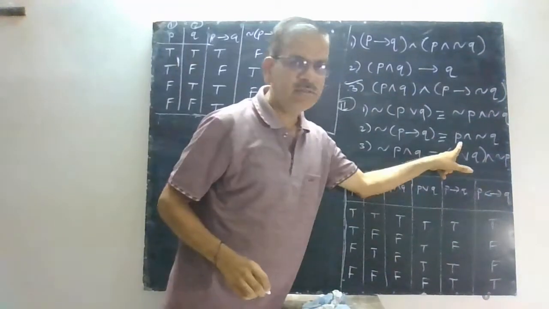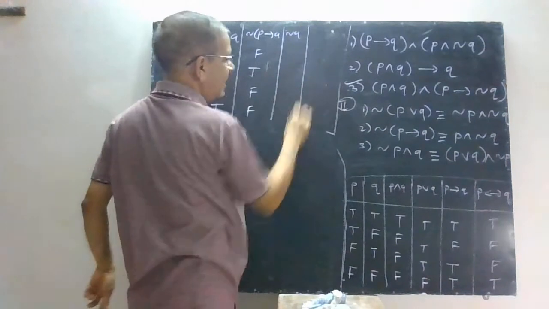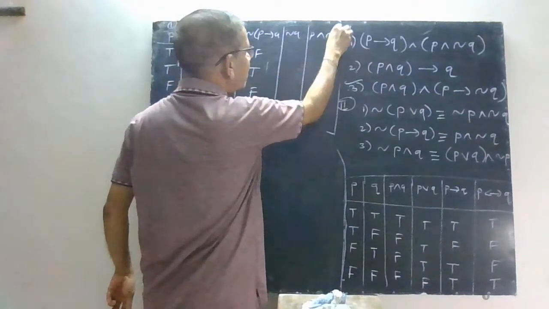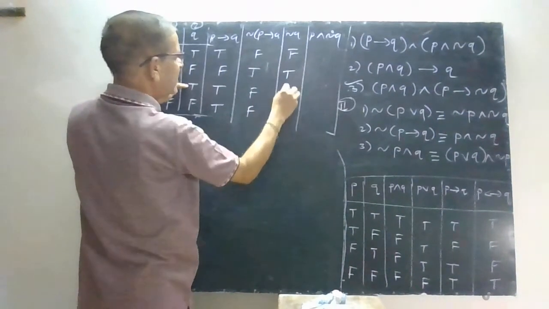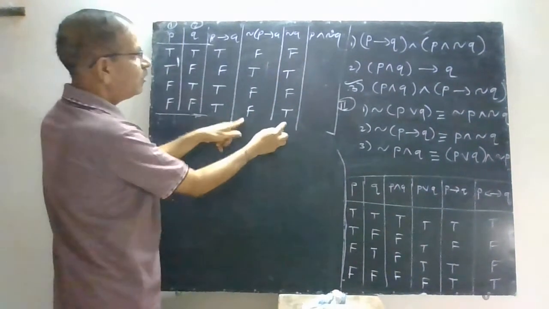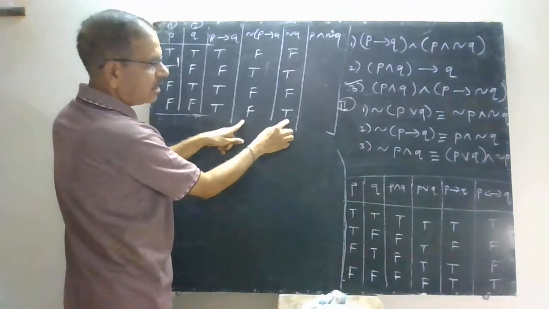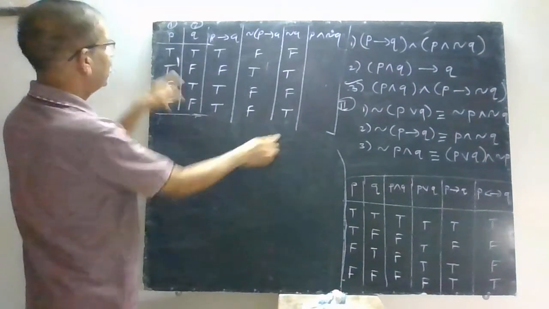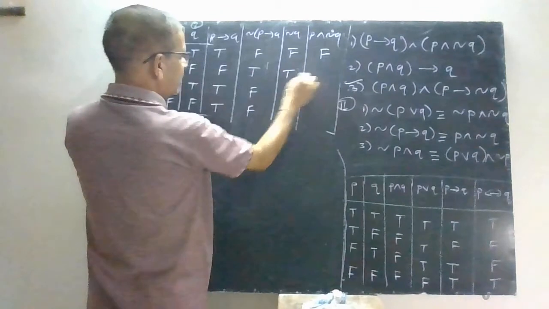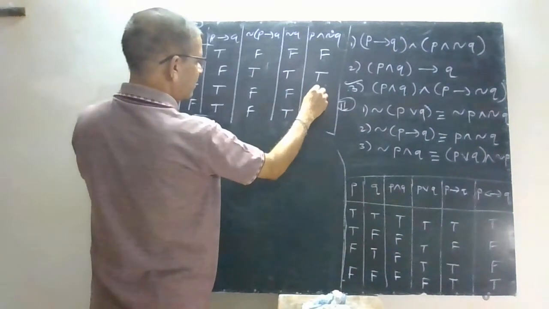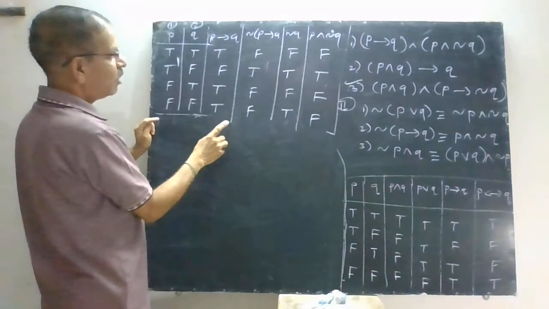Now for preparation of this one, you have to prepare negation of Q first, and then you can prepare P and negation of Q. Negation of Q means F, T, F, T, and now this column and column P: T and F is F, T and T is T, F, F. Now we can observe two columns.